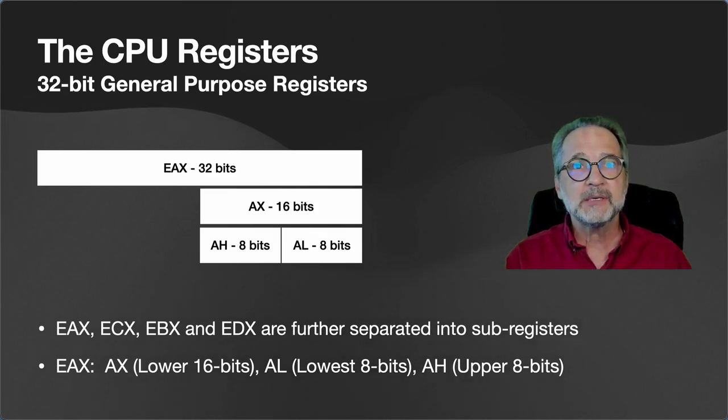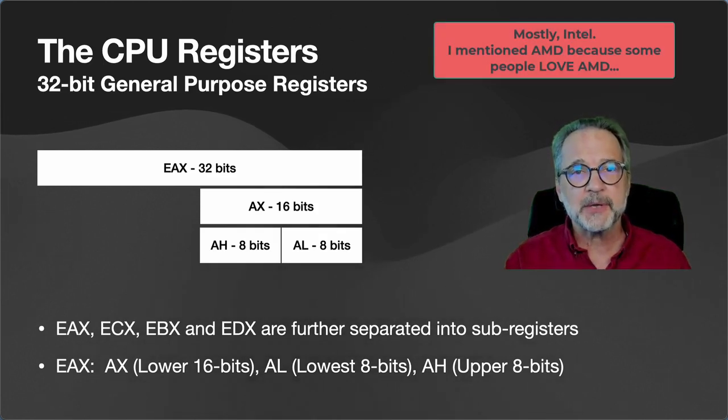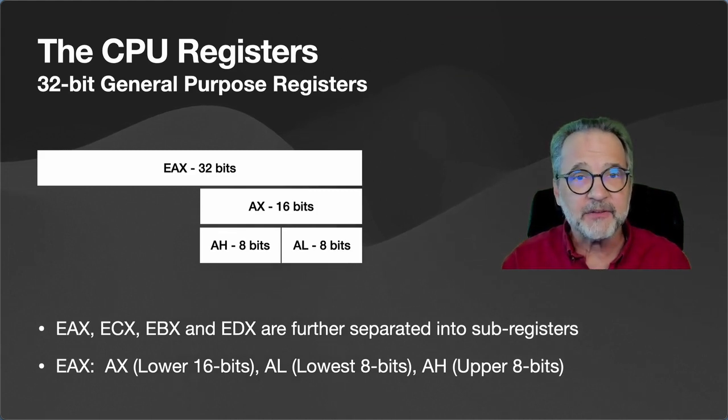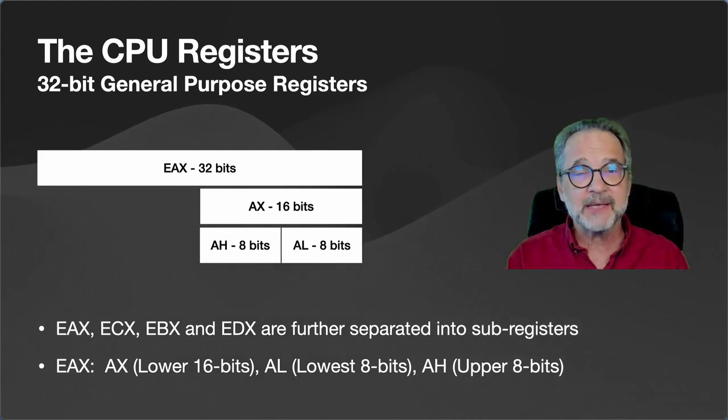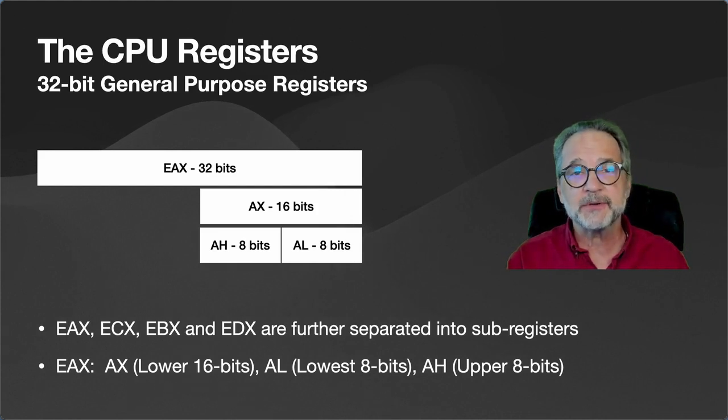So Intel and AMD came up with a way of splitting the larger registers into smaller registers that can be used by these older programs. EAX is a 32-bit register, and the bottom half of EAX is called AX. That's a 16-bit register. The bottom half of AX is AL, and the top half of AX is AH, and each one of those is 8 bits.